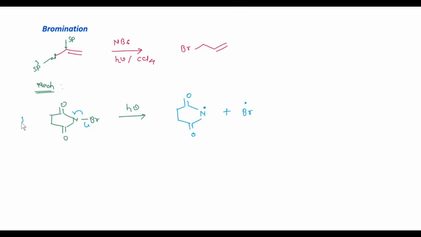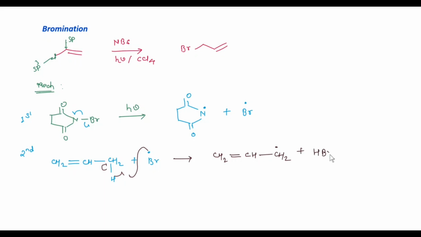In the second step, this Br radical is treated with this alkene, and this radical abstracts a hydrogen radical from this allylic carbon, and we get an allylic radical plus HBr.